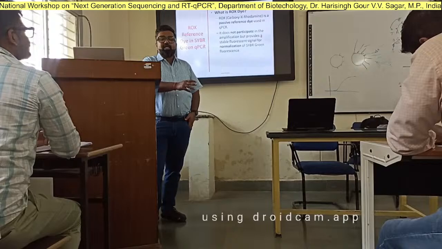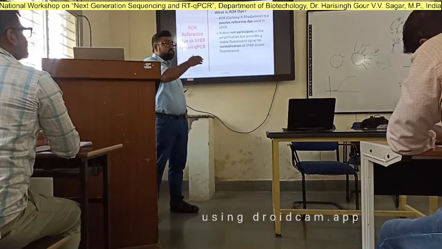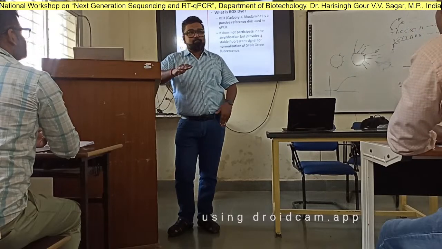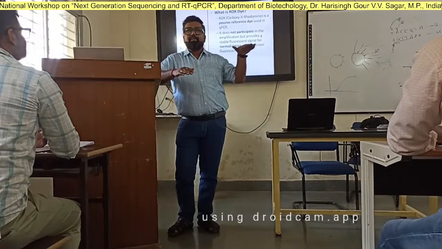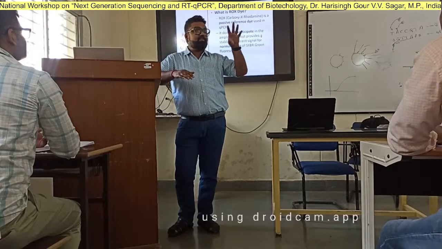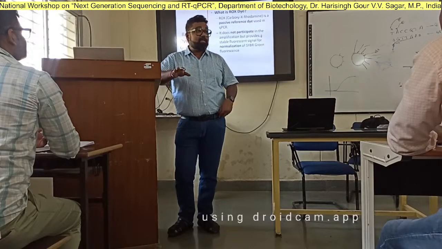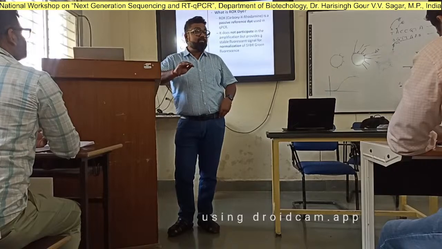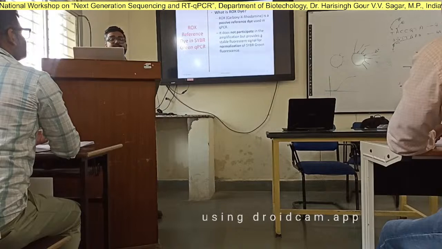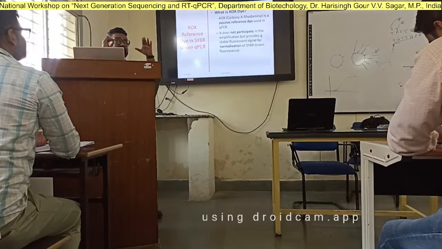That means the ROX signal will not increase per cycle. ROX का जो signal है, right from cycle 1 to cycle 40, whatever we are running, ROX should remain stable. And why is this used? It is used to normalize the signal.